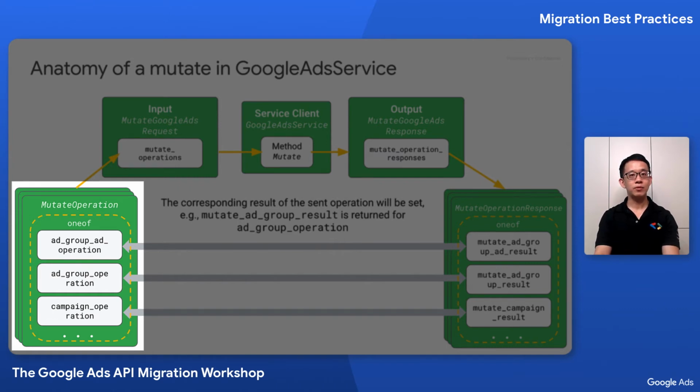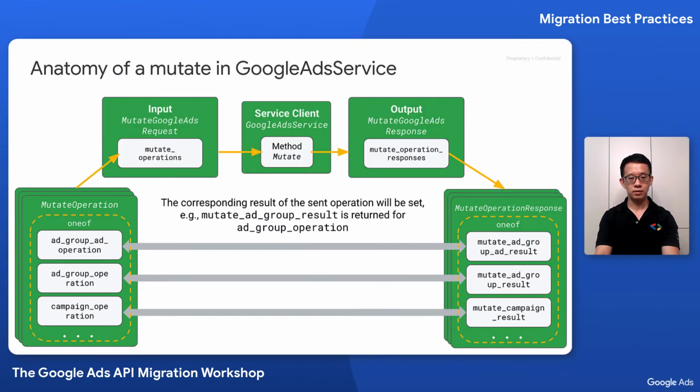And as you might be able to guess, this contains a list of operations of the resource types that the GoogleAdsService.Mutate supports. And this is similar to a single resource service in that there is a one-to-one correspondence between the operations that you sent and the MutateOperationResponses that you will get.